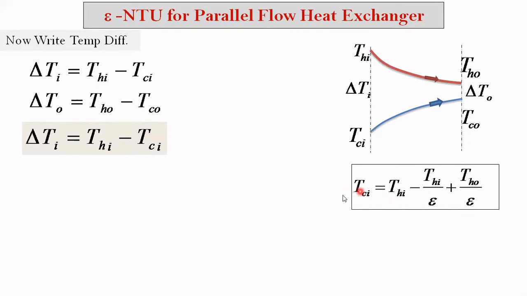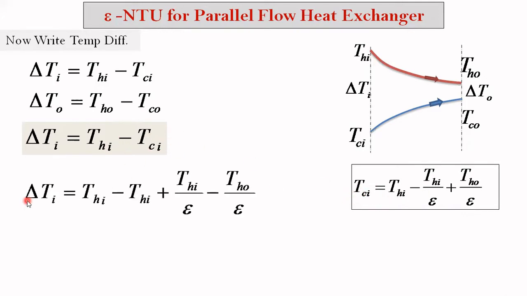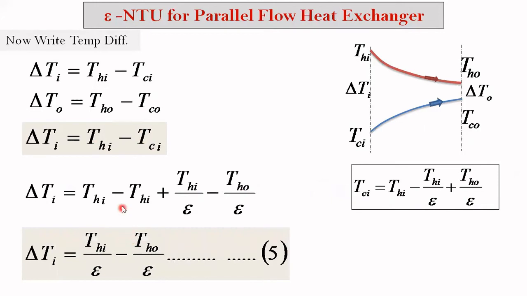So we can put this value of TCI here. So delta Ti equals THI minus THI plus THI upon effectiveness minus THO upon effectiveness. Now here this THI gets cancelled out. So delta Ti is THI upon effectiveness minus THO upon effectiveness, that is our equation number 5.